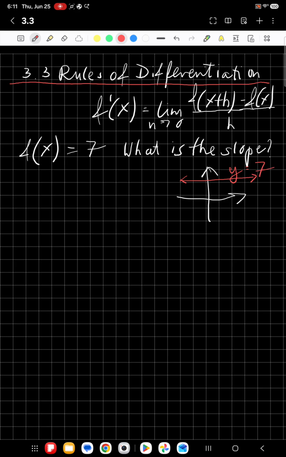And the slope simply is 0. So m equals 0, the derivative is 0.